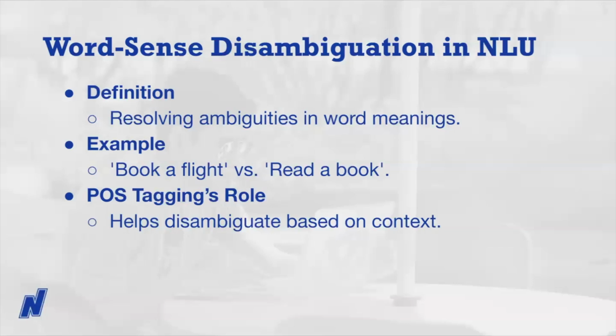On the other hand, in the sentence read a book, the system knows that book is something you can read based on the verb read that comes before it. So what is so important about WSD? It's crucial for building systems that truly understand language.